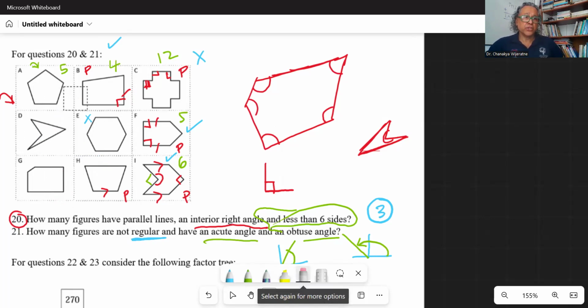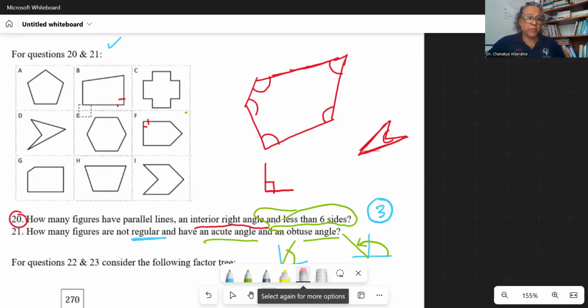At the competition, you can use rough paper to do this. I don't have rough paper, or if I did, what I do on rough paper you can't see. So I need to erase these.